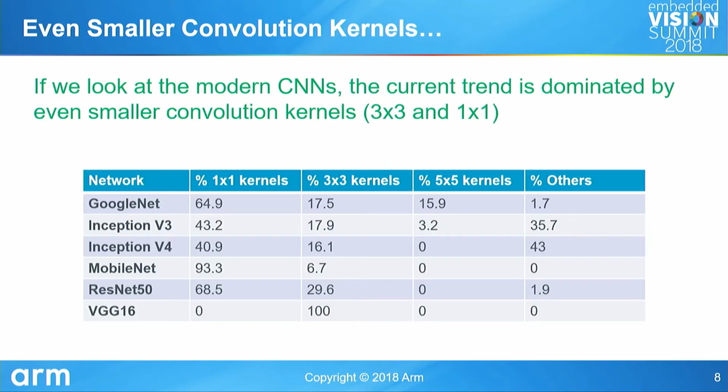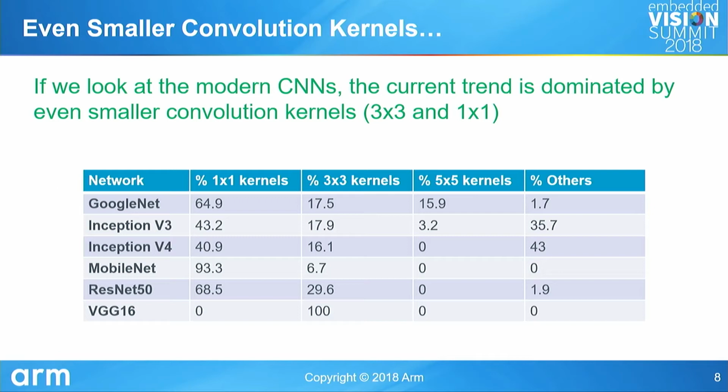What can we say now about our convolutional neural networks? So essentially, this table reports which kinds of convolutional layers we can find in recent CNNs. Essentially, the table reports for each row some networks which have been developed in the last 2 years. For instance, GoogleNet, Inception v3, Inception v4, MobileNet, ResNet 50, and VGG16.